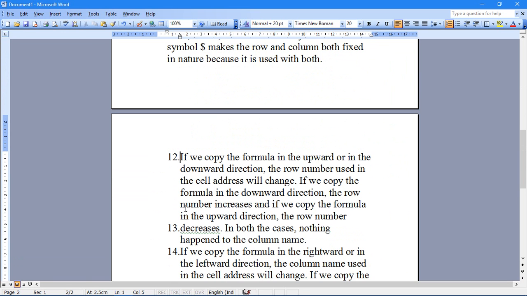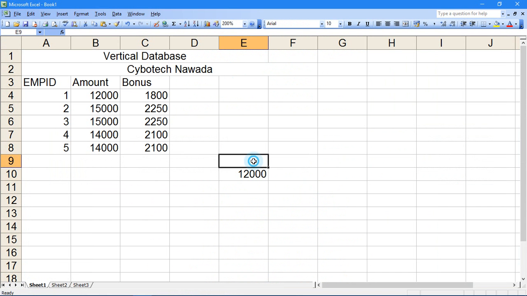Now just see. I am writing here equal E10 into 10%. It means I am trying to calculate the value written in the cell E10 into 10%. But instead of writing E10 in the relative addressing mode, I am writing it in the absolute addressing mode.